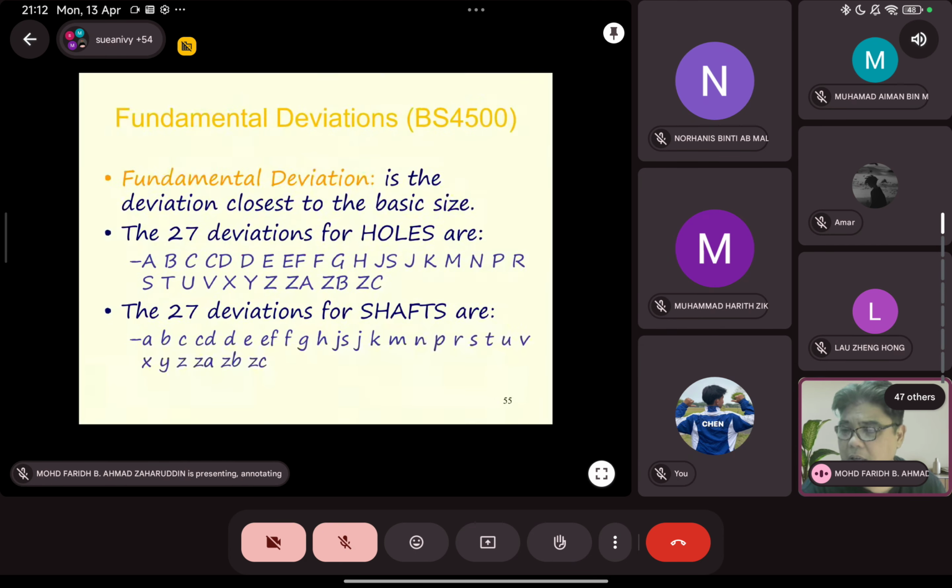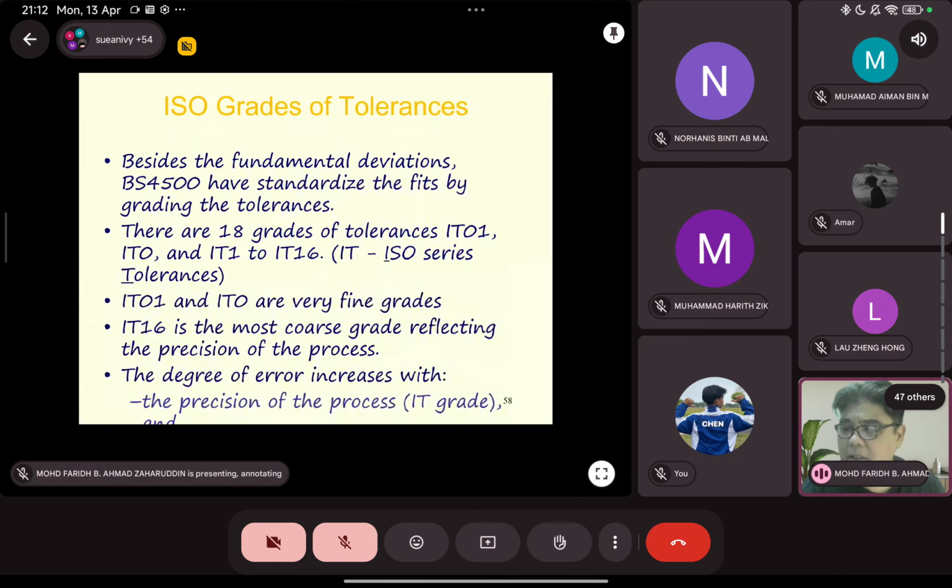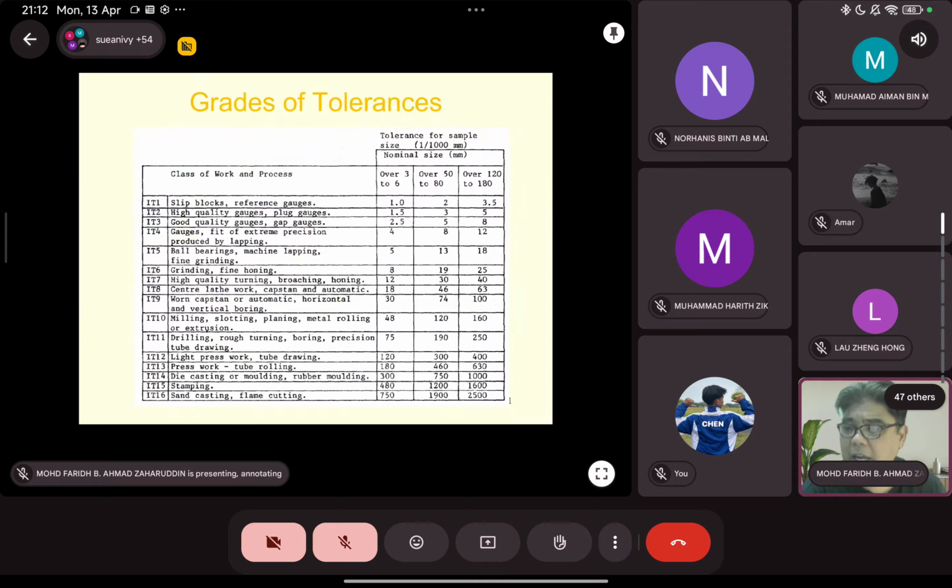Where is the IT? Belakang jauh sangat. Okay, this is about IT1, IT16. This one is IT, International Tolerance Grades. You know the IT1. Okay, the class of work and process like slip blocks, reference gauge, which is high accuracy.